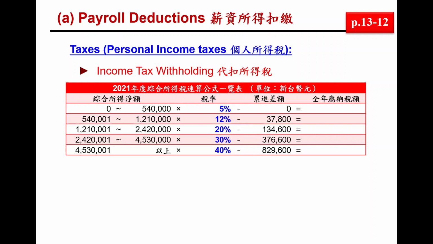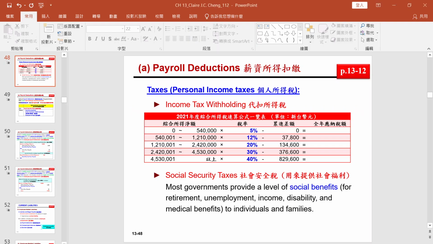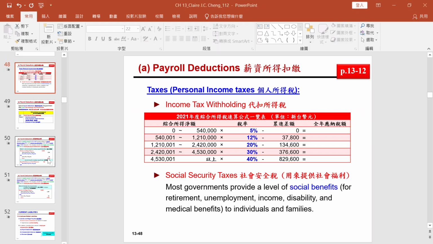So you earn more, you have to pay the higher tax rate. Okay, so the problem is based on your annual income, you have to note what's the tax rate you have to pay, right? But right now, each month, we don't know what's my tax rate. So what's the tax I should pay, right?